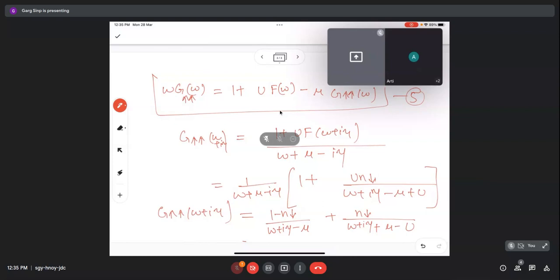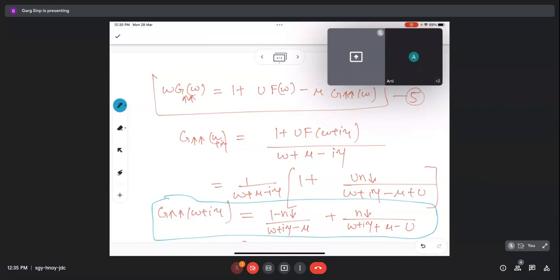Okay, so I have written already the full expression of the Green's function that we obtain after substituting the higher order correlation function f of omega. And now let's look at this expression. So this algebra was simple.